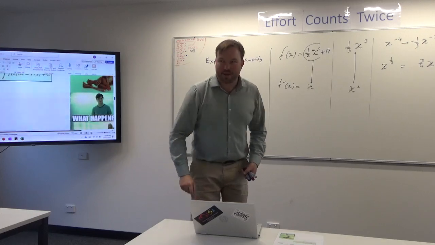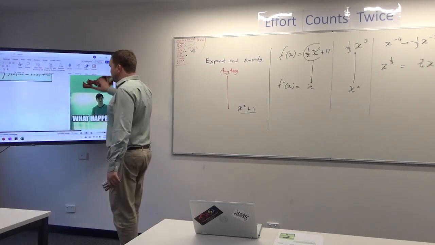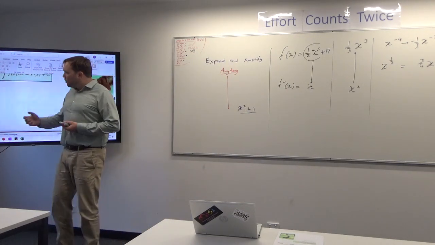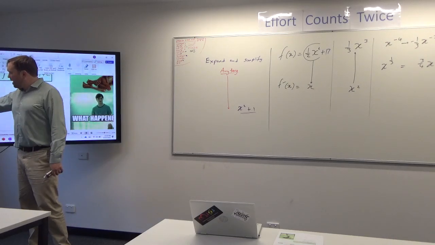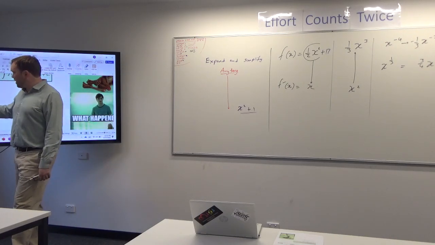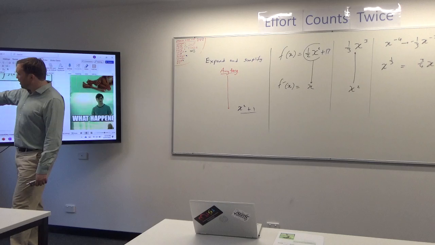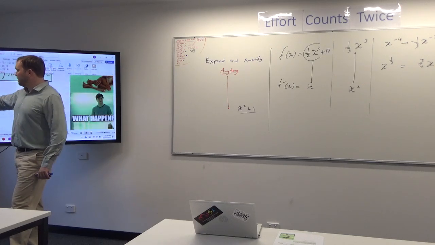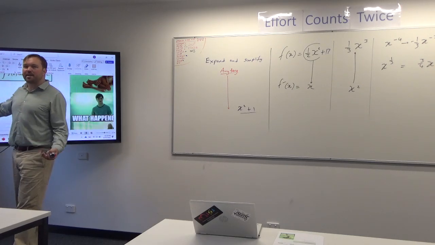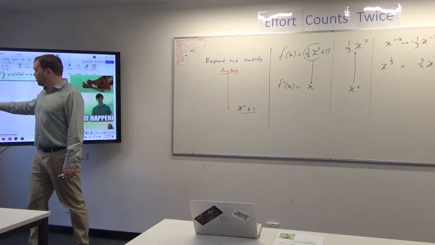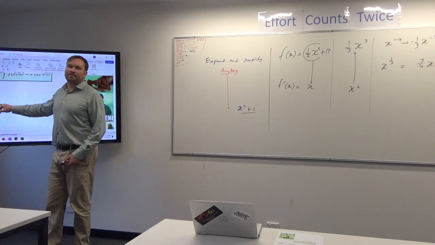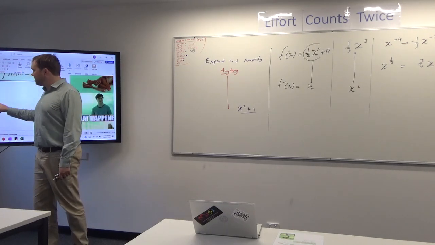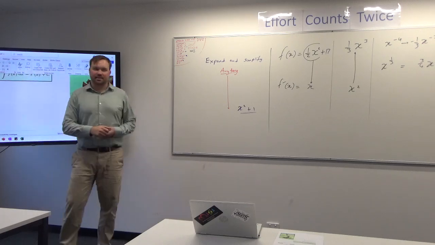And there's a good set of memes on the internet if you want to look up what happens if you've missed the plus c. The way this reads is the antiderivative, or the integral of x squared dx. So it's asking, if a function was differentiated and you got x squared, what would that function be? That function would be a third x cubed plus c. Because if you were to differentiate this, it will get you back to there.